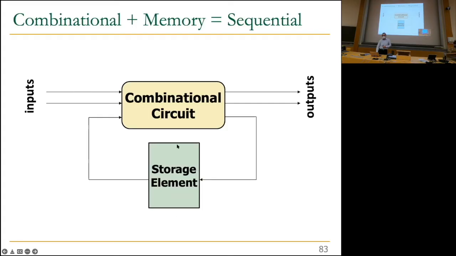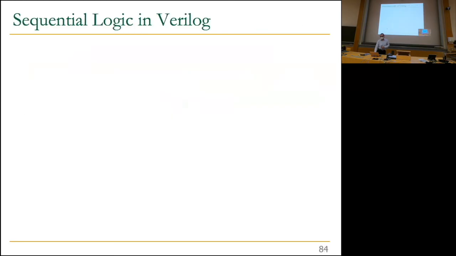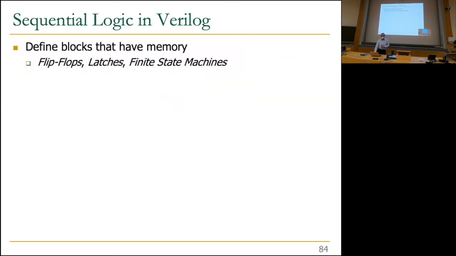And then you have a storage element that stores the state, potentially the outputs as well. And then you remember that information about what you have computed in the past to determine something in the future also. So that's your sequential circuit basically. It's a combination of storage elements and combination circuit, and we covered this in detail in last lecture, lecture 6. Now we're going to build this in Verilog.